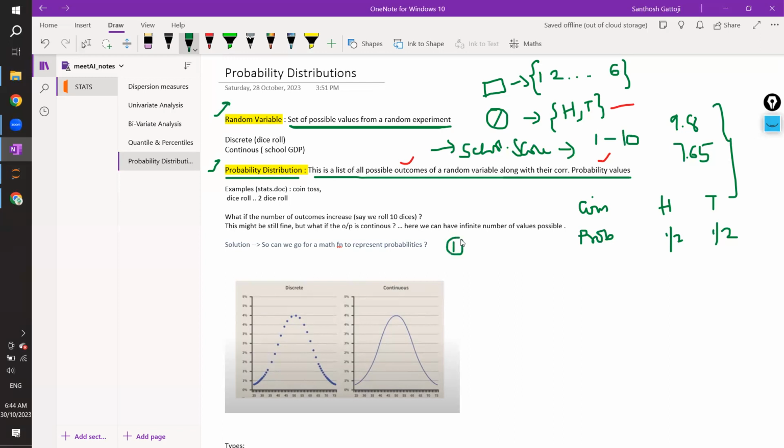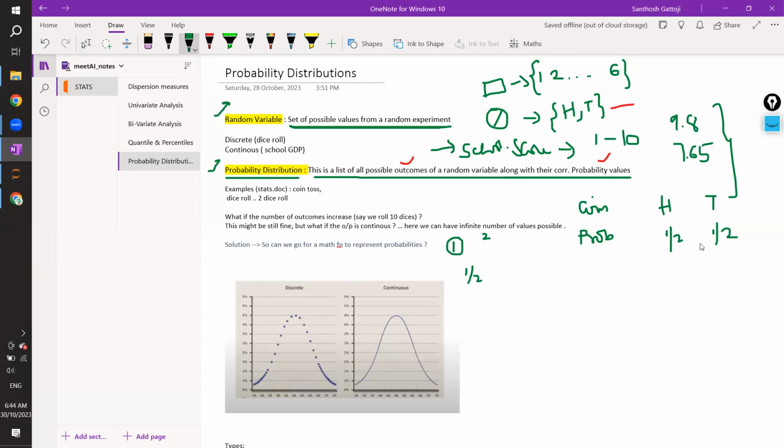I hope you know this, right? In any scenario you take, the maximum value of a probability is 1. And now, what are the possible outcomes? Two possible outcomes. So each one will have 1 by 2. So in total you will have 1.